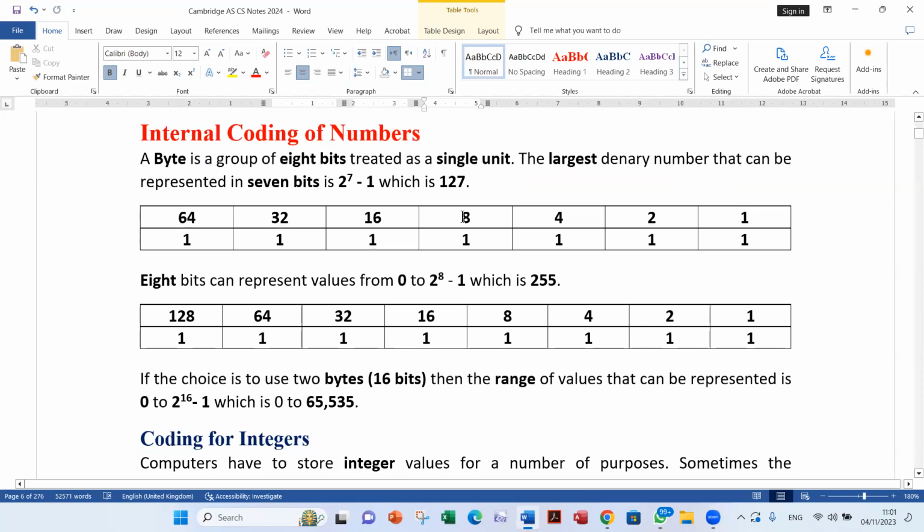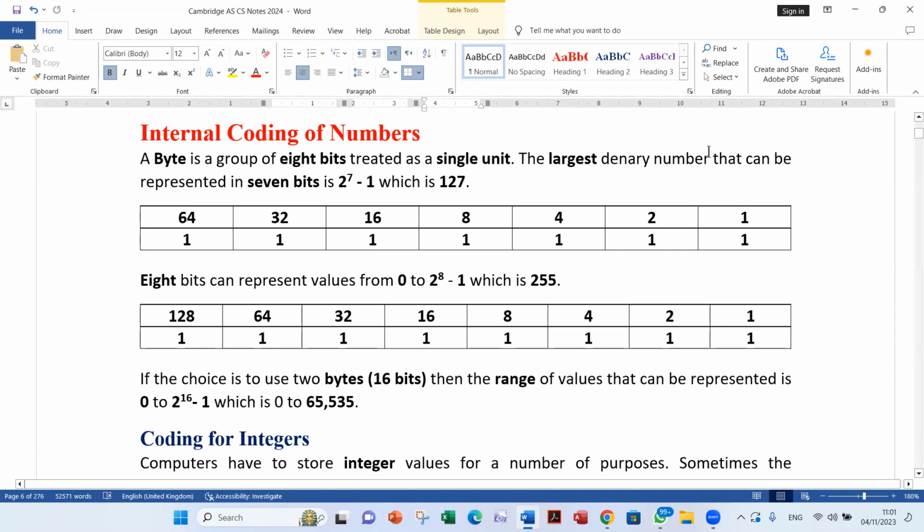Internal coding of numbers. Let me go through this a little bit fast, because all this is in the O level, the new O level syllabus. I'm happy with the new O level syllabus because it makes teaching AS easier. Okay, internal coding of numbers. A byte is a group of 8 bits treated as a single unit.